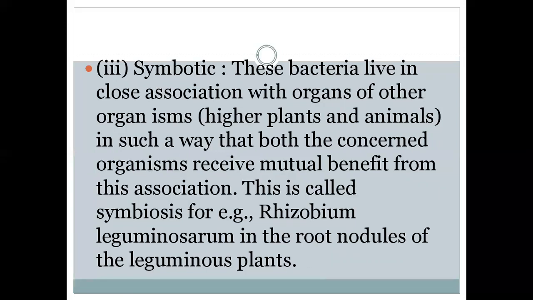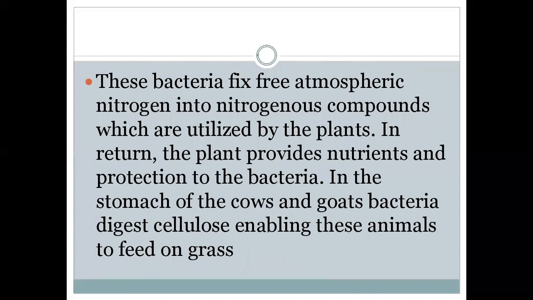The best example for symbiotic association is the association of rhizobium and legume plants. Here, rhizobium fixes atmospheric nitrogen.